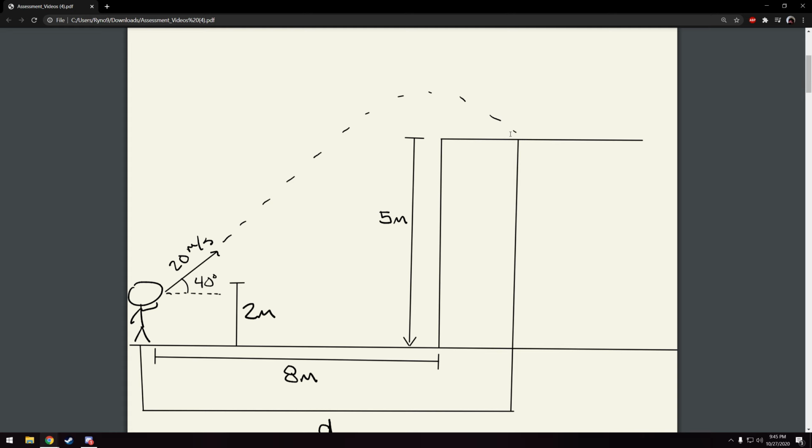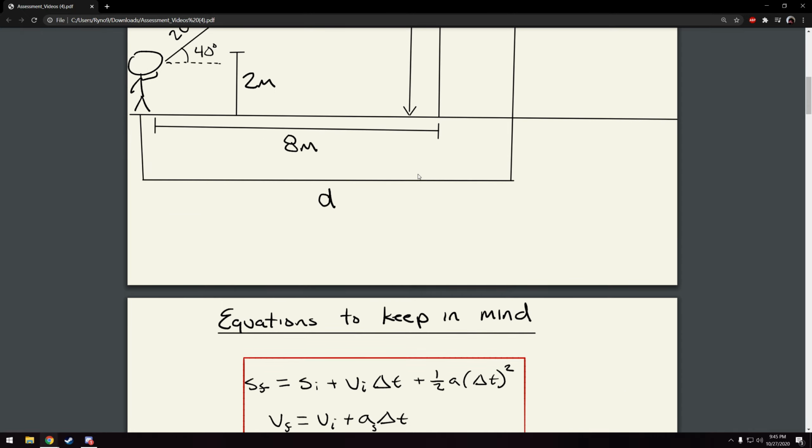And we're also trying to find the distance from where it lands up here to this person, and we're trying to find the x component there, not this distance, which isn't what the problem's asking for.